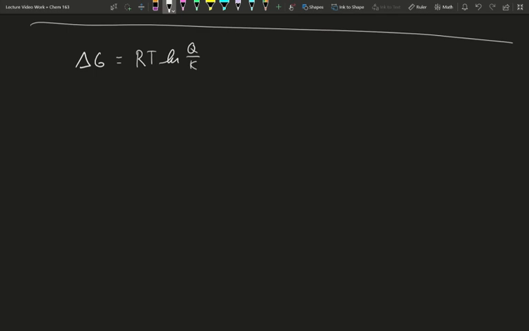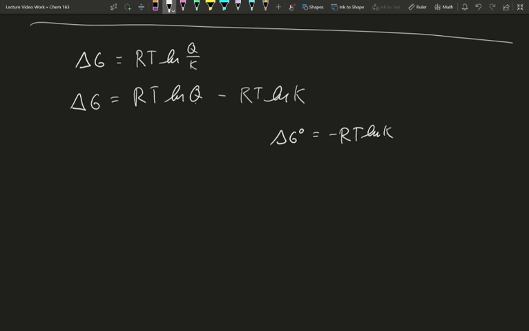So that free energy, we can break this apart: RT ln of Q minus the RT ln of K. In fact, it's from this equation that we were able to identify the one we've used previously, that the delta G at the standard state is equal to the negative RT ln of K, because at standard state conditions, your concentrations would all be 1.